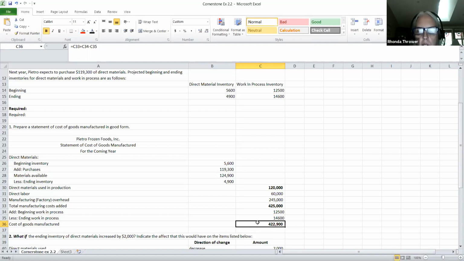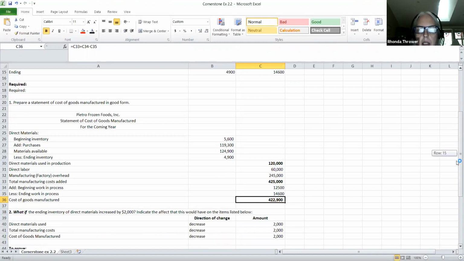So you need to use this again in the next exercise because they're really connected. You have to find cost of goods manufactured first. Then we're going to feed this amount into the cost of goods sold, which will be the next exercise. And then we'll feed the cost of goods sold into the income statement. They're all connected.